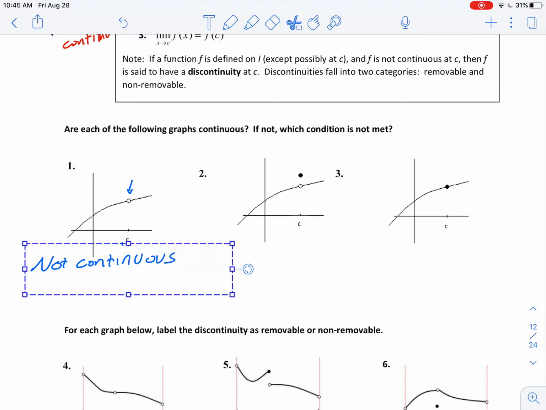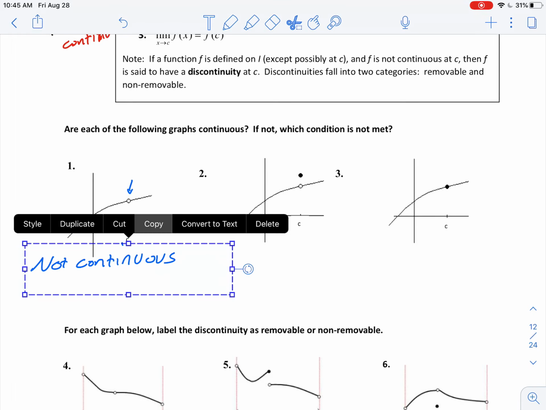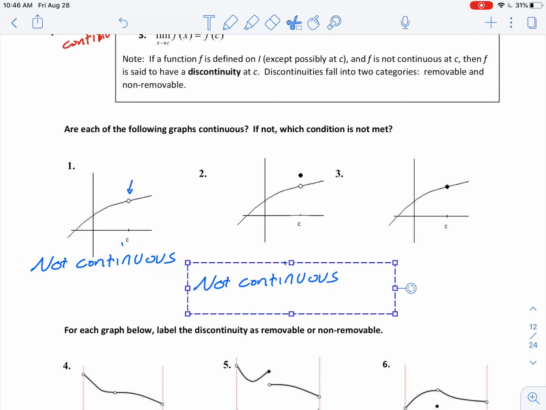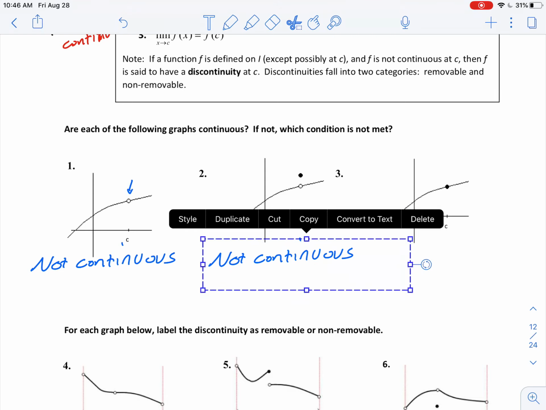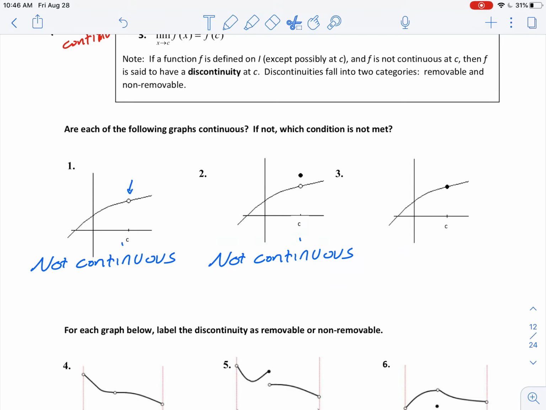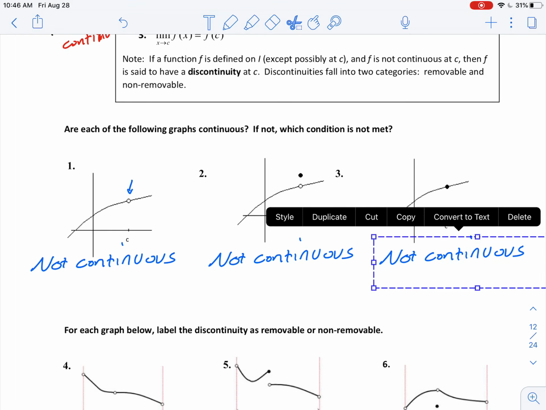Let's see, number 2, not continuous. Number 2 also has a hole. Even though it has the point there, it doesn't have the point right on the graph, so I have to pick up my pencil. Number 3, though, number 3 is continuous.